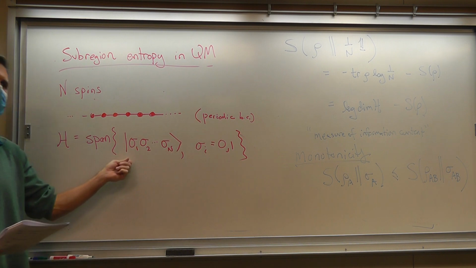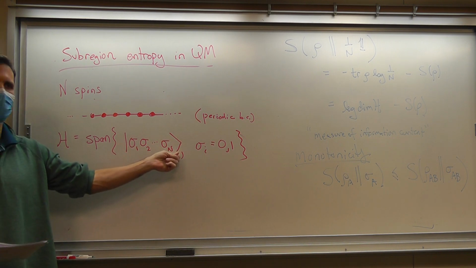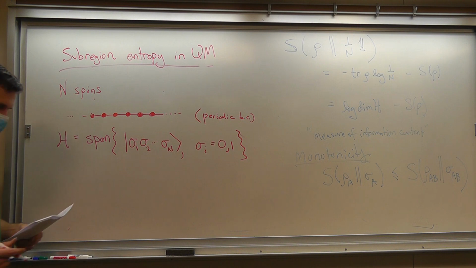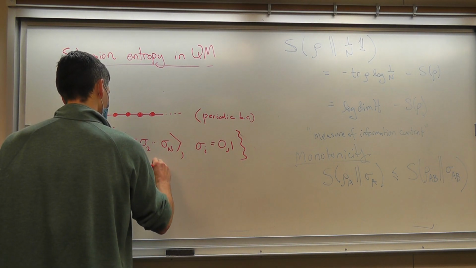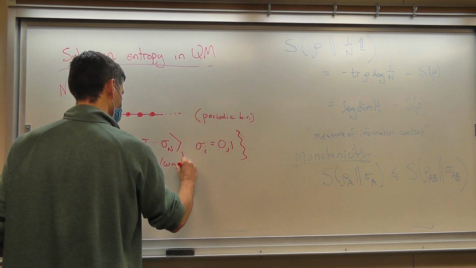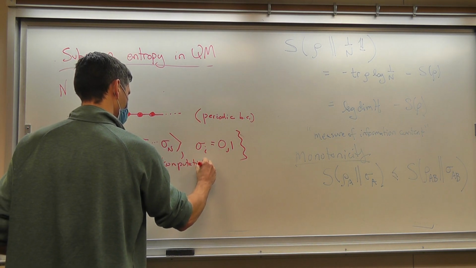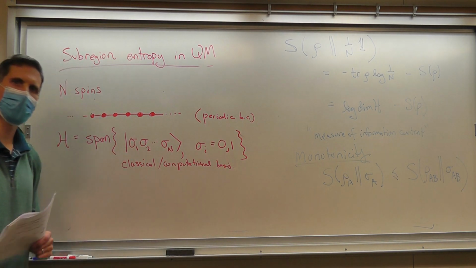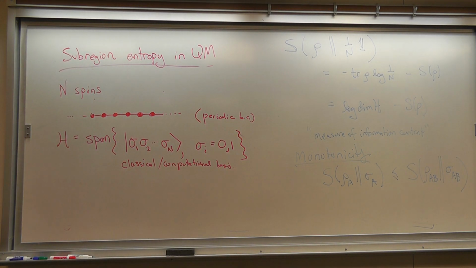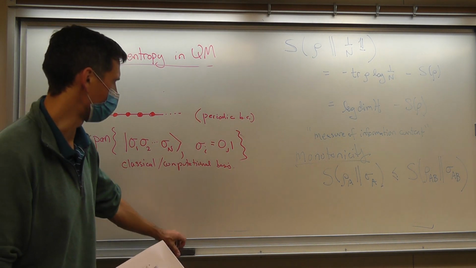This basis, where you just give them all zeros or ones, is often called either the classical basis or the computational basis. When we were talking about quantum field theory, it's what I call the field basis. It's like you have a particular phi of x in space.